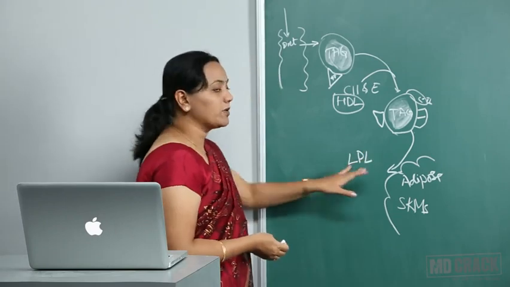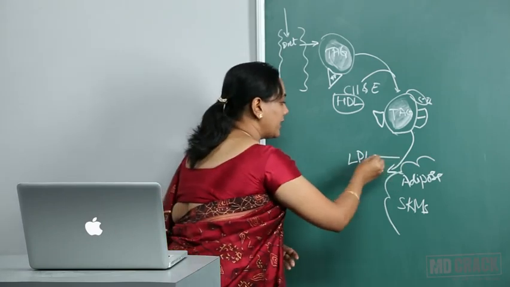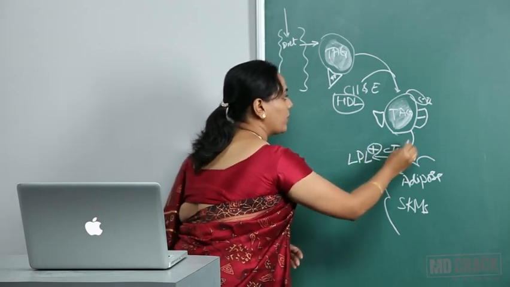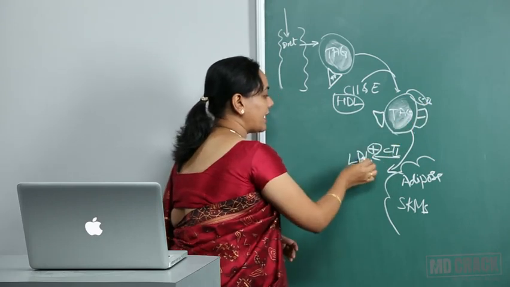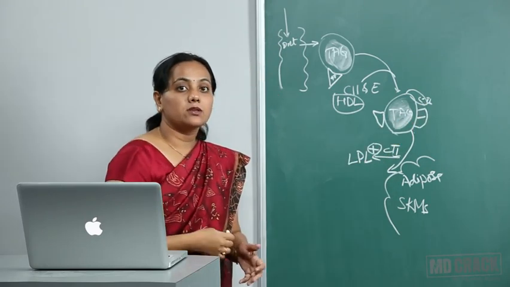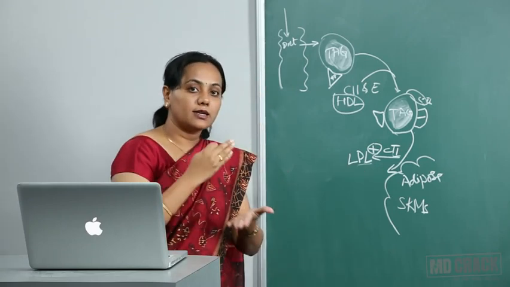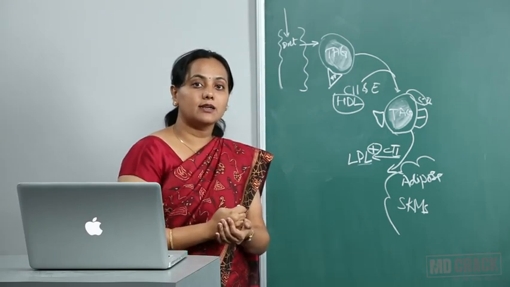Now this lipoprotein lipase is stimulated by the C2 apoprotein. This C2 apoprotein activates lipoprotein lipase. So it is a lipase, and it causes degradation of triacylglycerol.